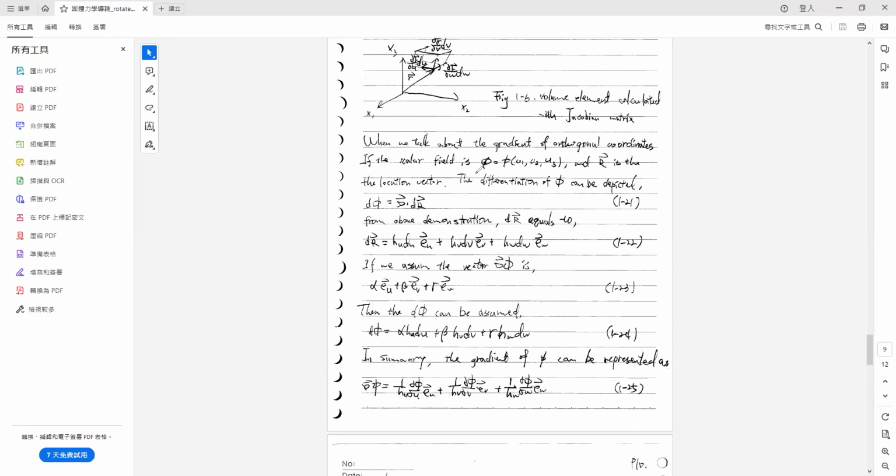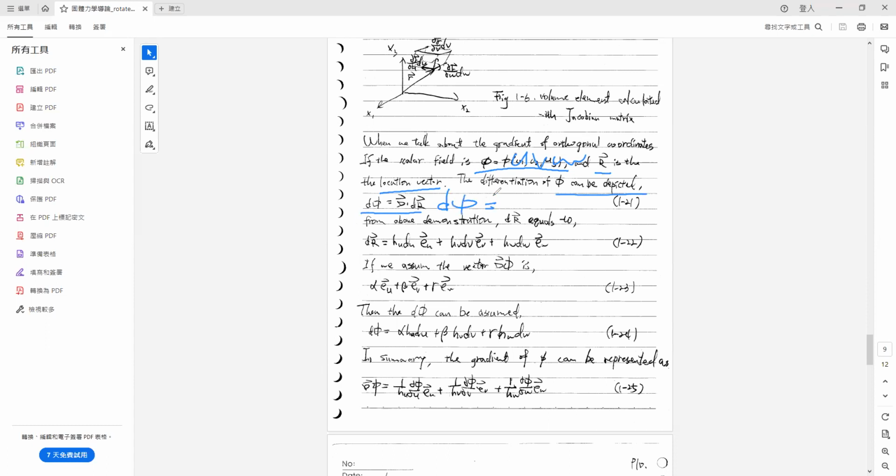So let's go back to the scalar field phi. Now we assume that it's a function of UVW, and the vector R is the location vector. Then the phi can be depicted as, sorry, I got it wrong again.